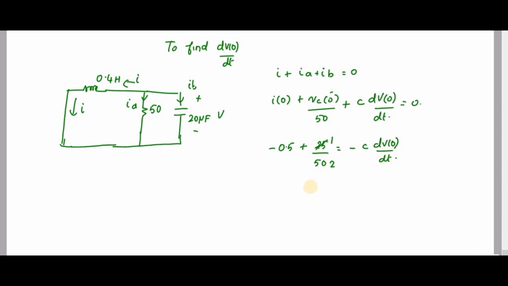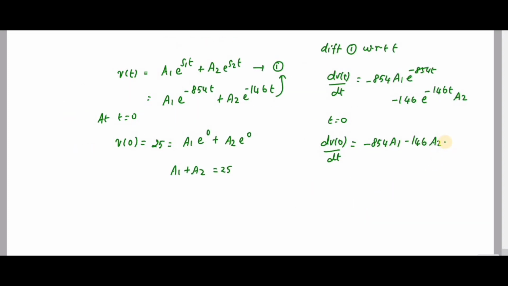So you will get 0 is equal to minus C dV(0) by dt. So dV(0) by dt is equal to 0. So you substitute this 7th equation in the 8th equation. If I substitute, I will get minus 854 A1 minus 146 A2 is equal to 0.